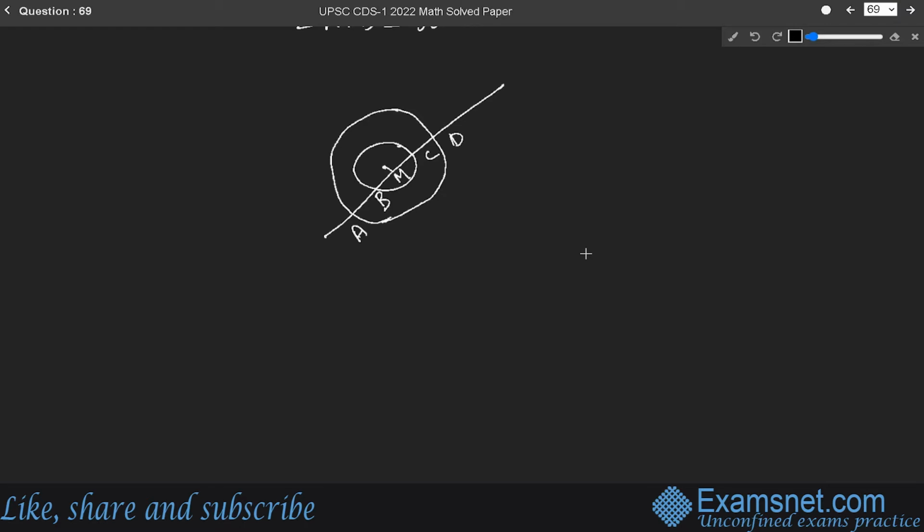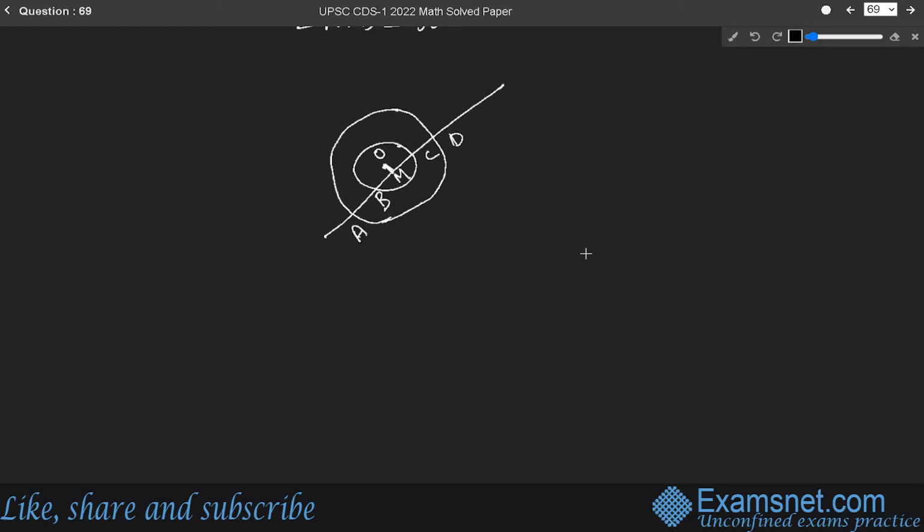So let this point be M. Now we have drawn a perpendicular from the center O to the line AD, meeting it at M. We can see that BC and AD are the chords of the smaller and bigger circle respectively. And we know that a perpendicular drawn from the center of the circle bisects the chord.